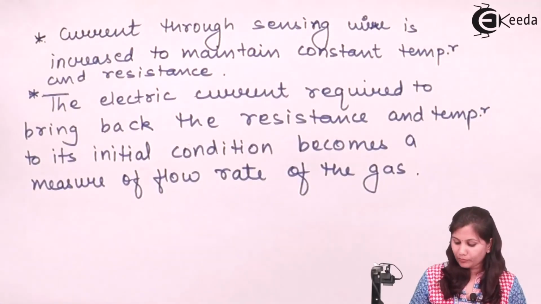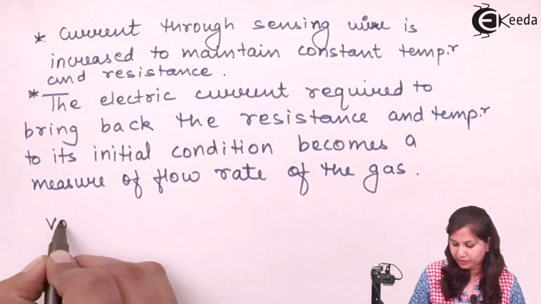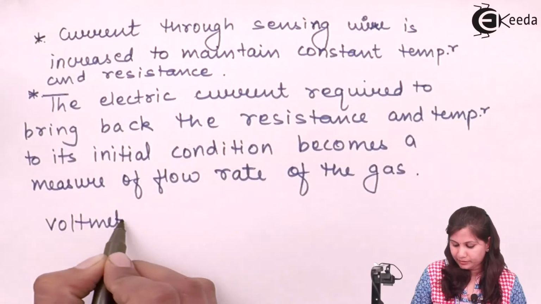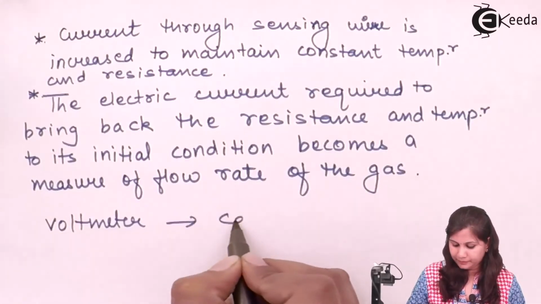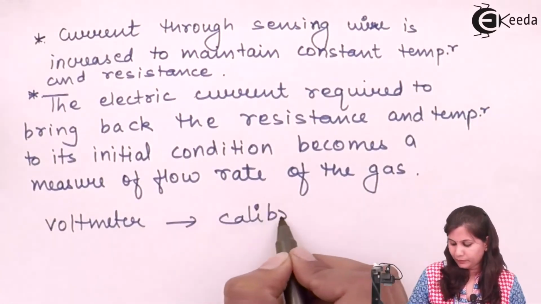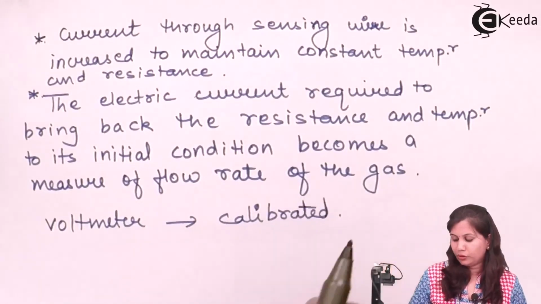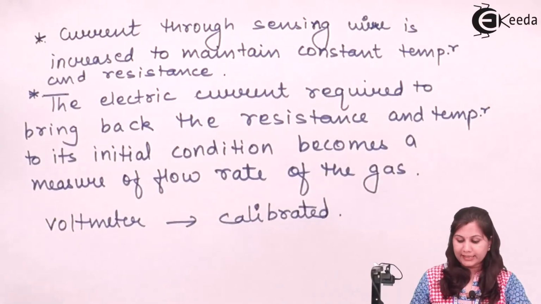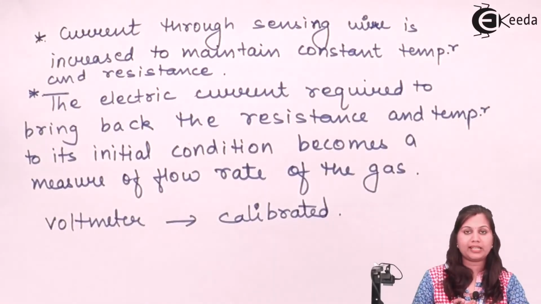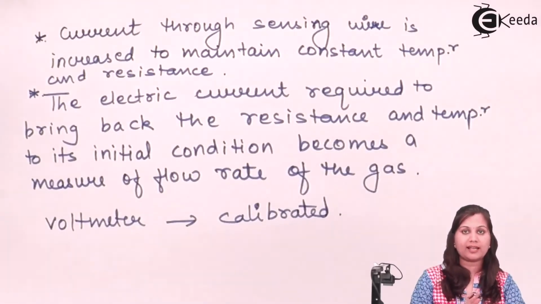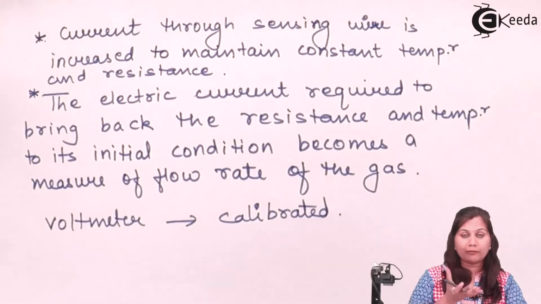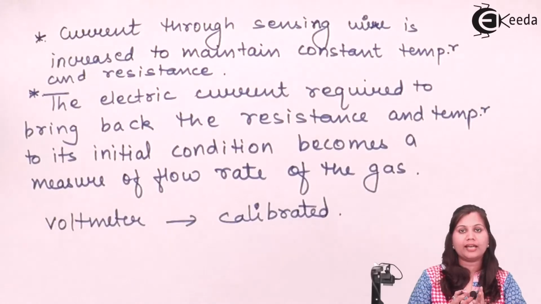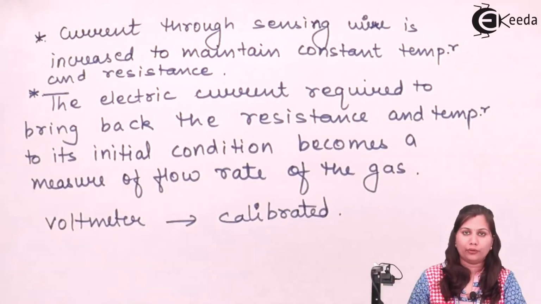Okay. So this voltmeter is calibrated to give the flow rate readings directly. So in this method, we are trying to maintain the temperature and resistance as constant, and the amount of current which we require to maintain this condition is the measure of the flow rate.